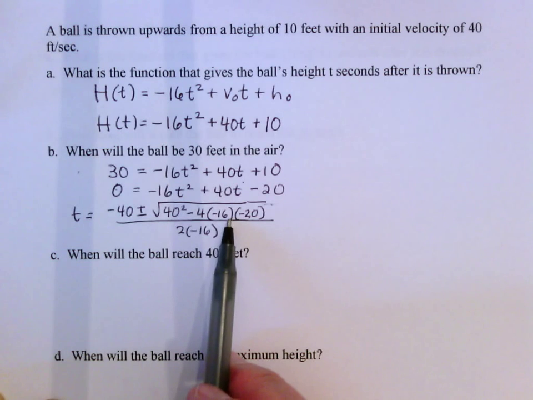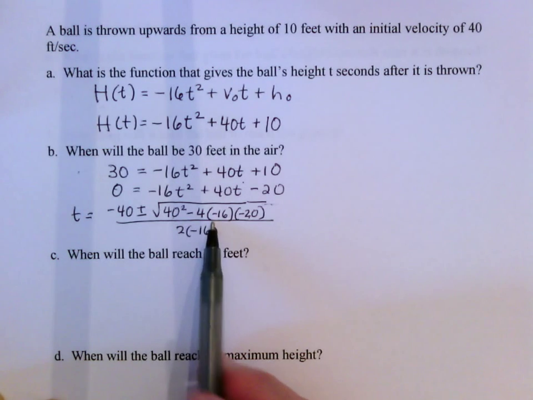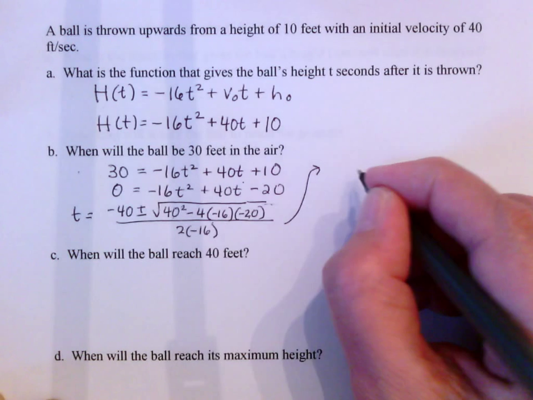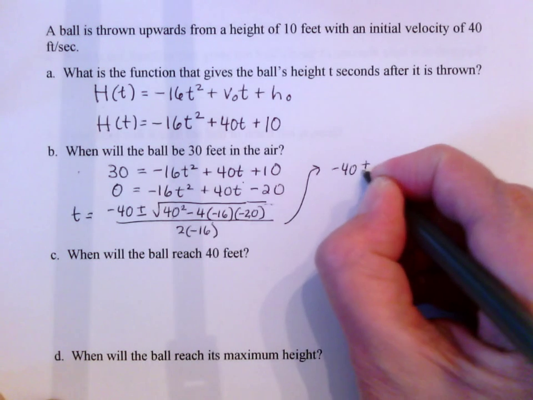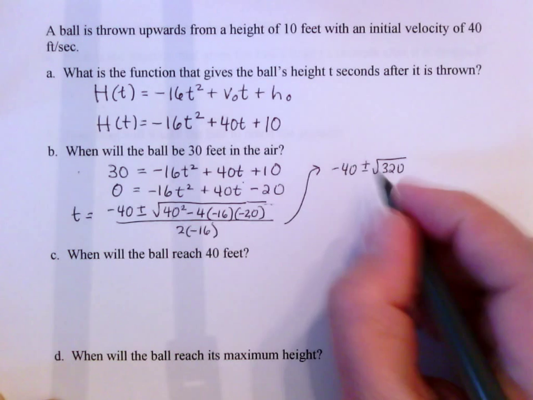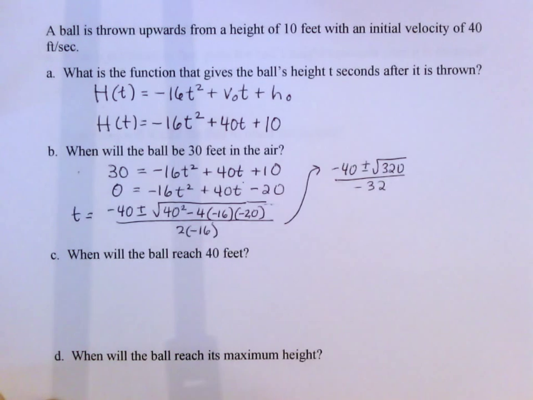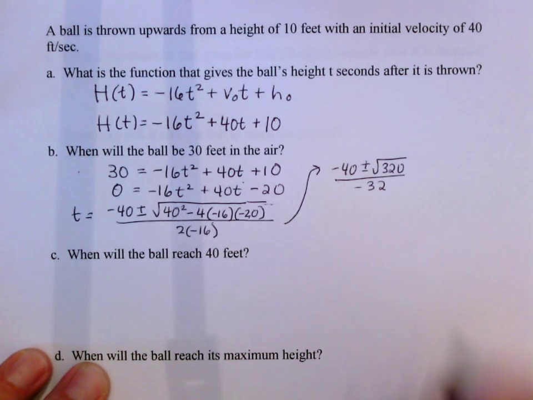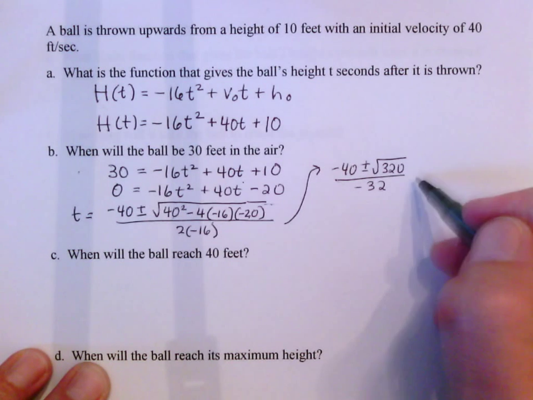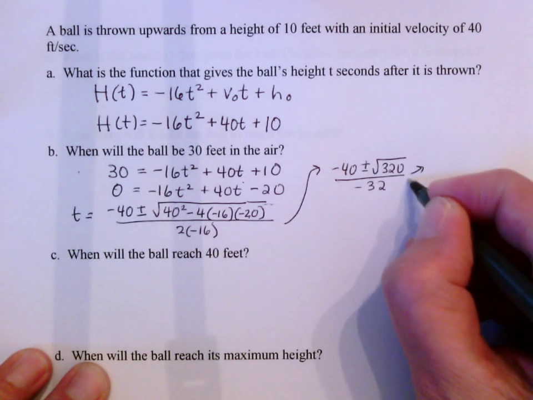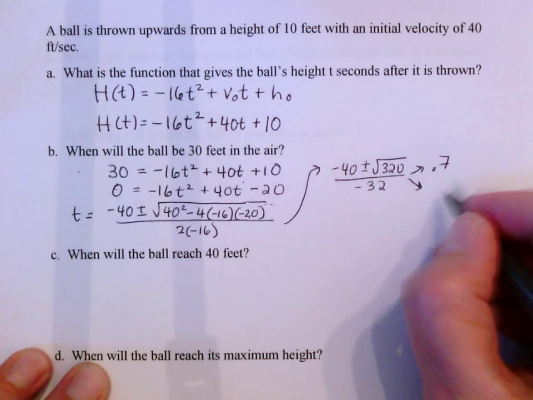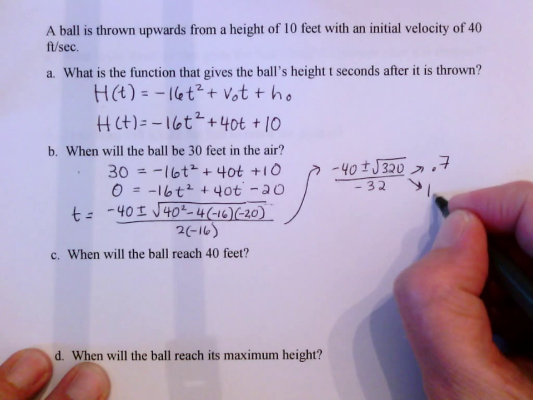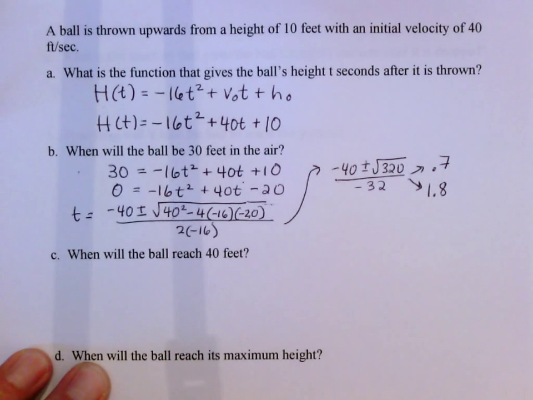You're going to get 1600 here, and then when you subtract off the other part, the part under the radical is going to be just 320. I'm just going to let my calculator give me an approximation for the square root of 320, usually to 1 decimal place, so usually to tenths. And when I work out the calculations, this gives me 2 different solutions. Approximately 0.7 and the other one is 1.8.